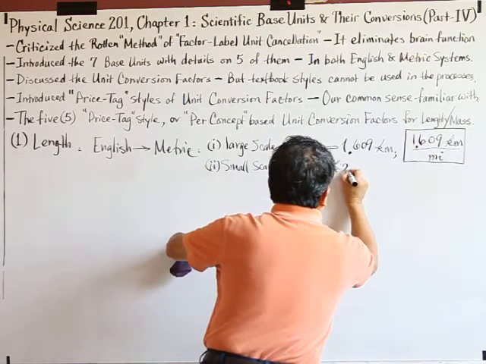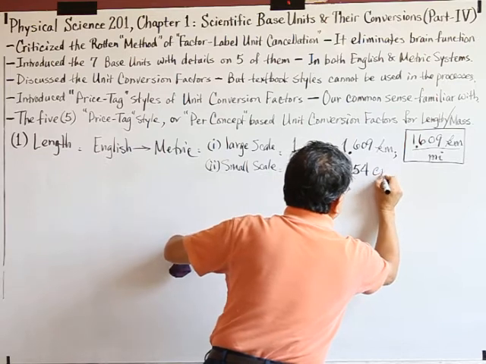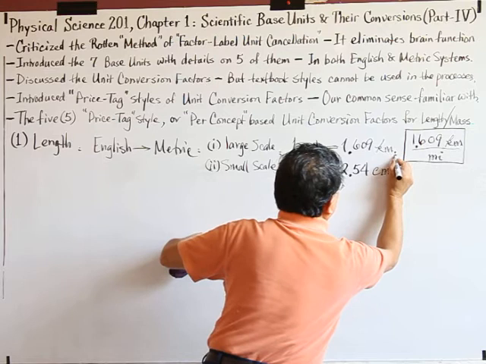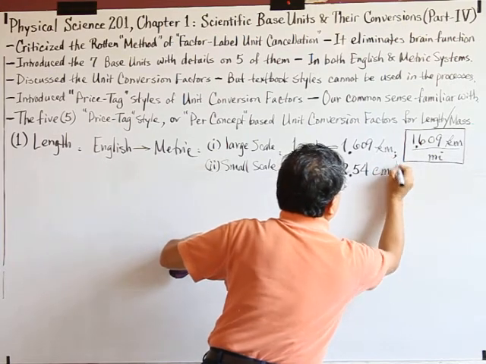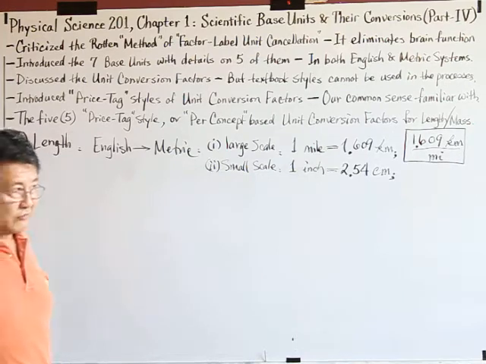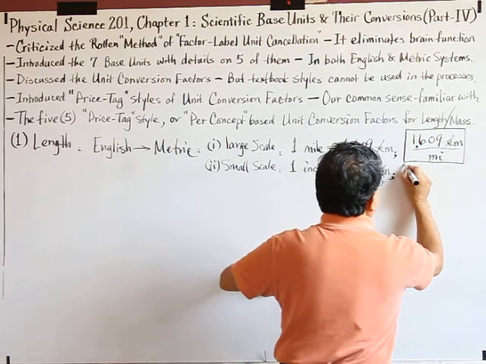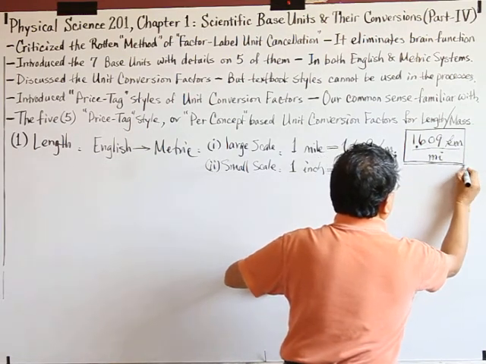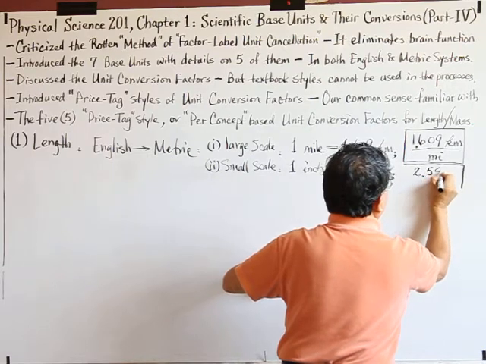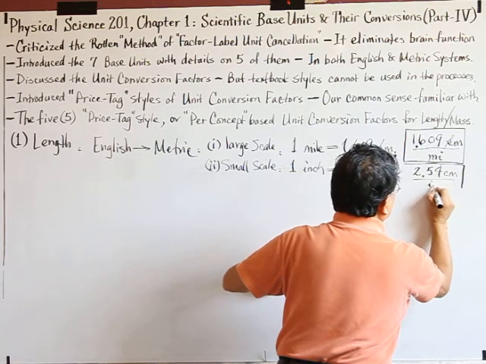So 2.54 centimeter. Still, this is a textbook style converting factor; you cannot use it directly in the process of conversion. So we need you to remember this in the boxed-up case: 2.54 centimeter per in.